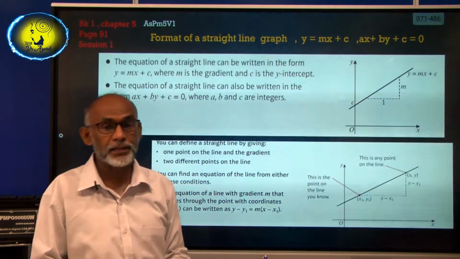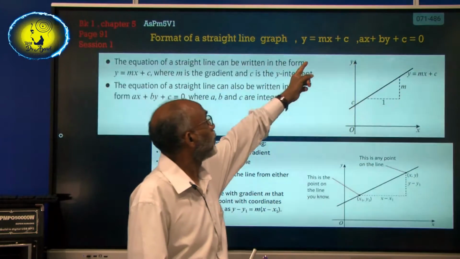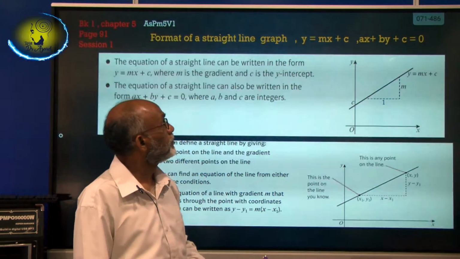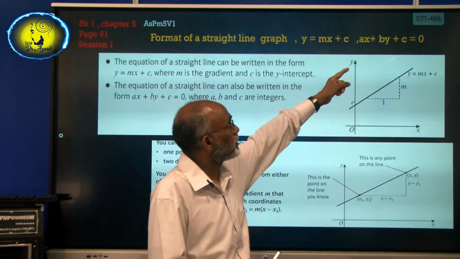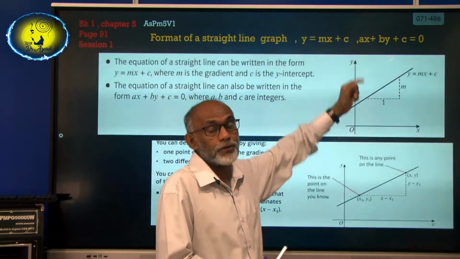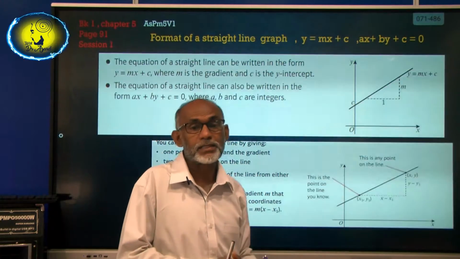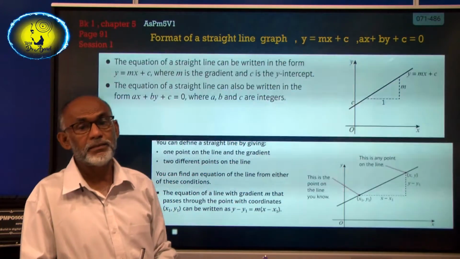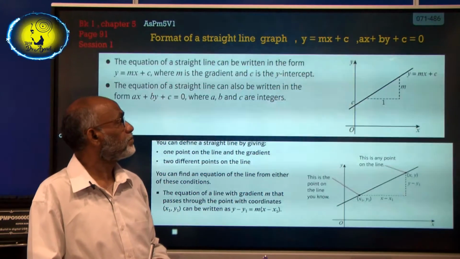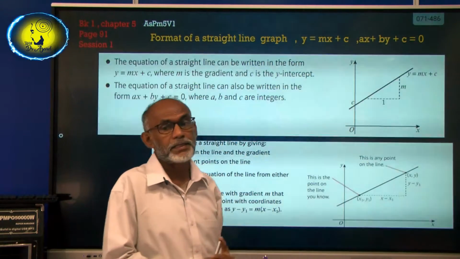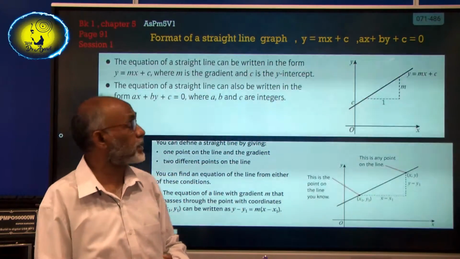A straight line can be put in 2 formats: y equal mx plus c or ax plus by plus c equal to 0. Here the coefficient of x, the coefficient of y and the constant are given. In the format y equal mx plus c the gradient is very visible.